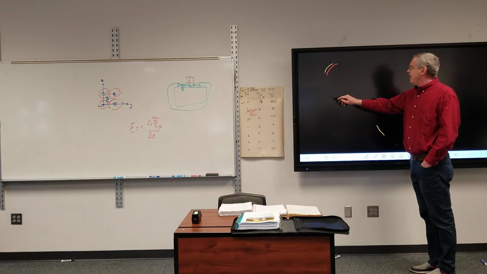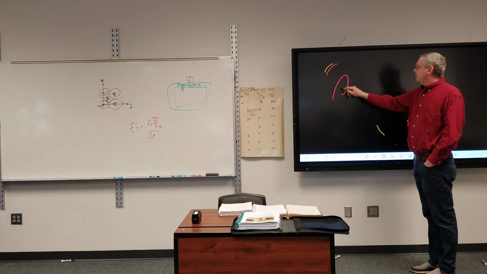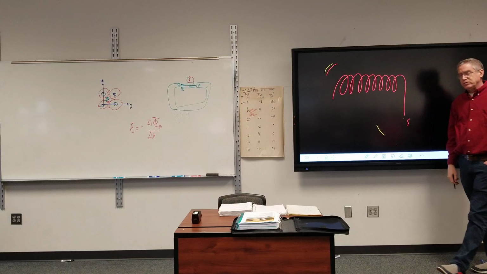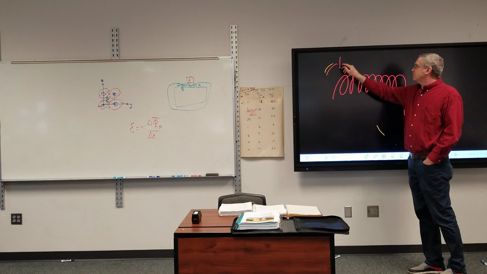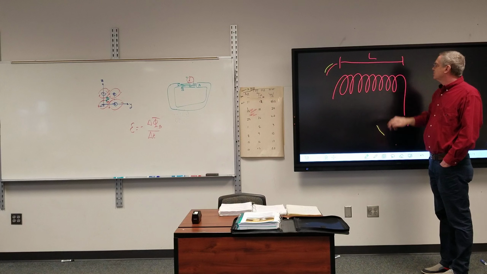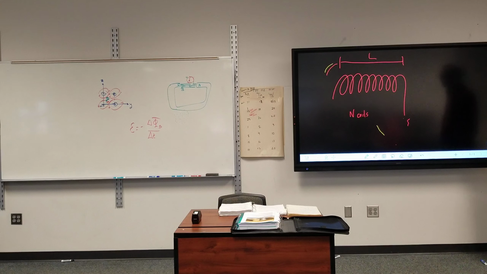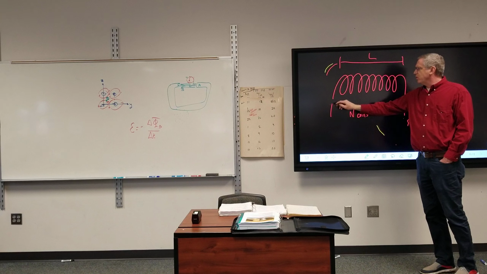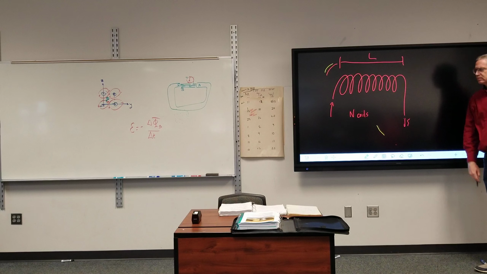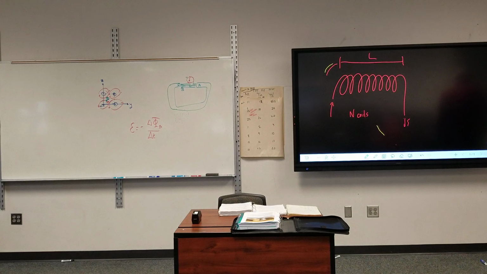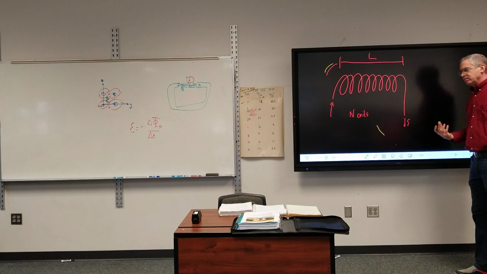So suppose I have a coil, a solenoid, some length L with N coils. If I have current running through here, if it is at a steady current, so for right now, let's just assume a DC current, direct current from a battery.